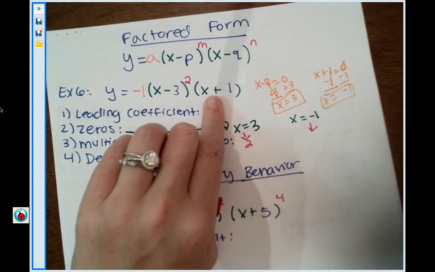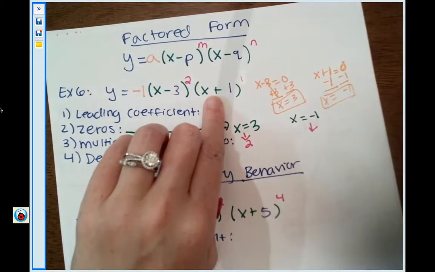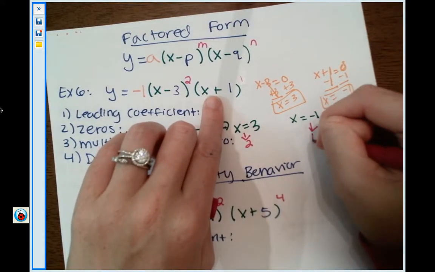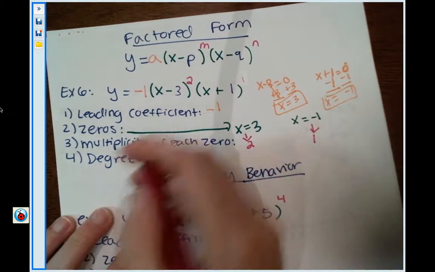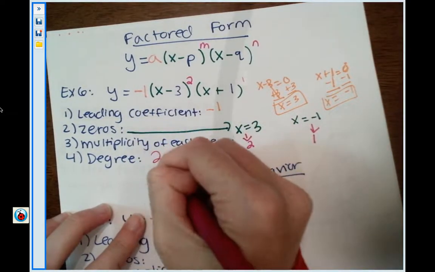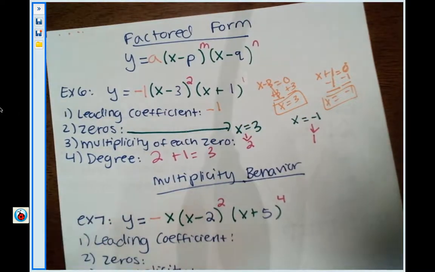Well, I don't see the exponent. But remember, when there's not an exponent, there's secretly a 1 there. So my exponent is 1, which means my multiplicity on that zero is 1. In the degree, you just take your multiplicities and add them together. So one of my multiplicities is 2, and one of them is 1. So I add them together, and bam, I get 3.